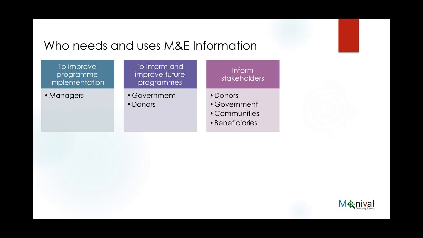They can use this information to ensure that the next time they have maybe a better impact. You can also look into stakeholders who need to be informed on what happened. Let's say donors provided a particular amount of money for this project. They need to be informed on how that money is being used.